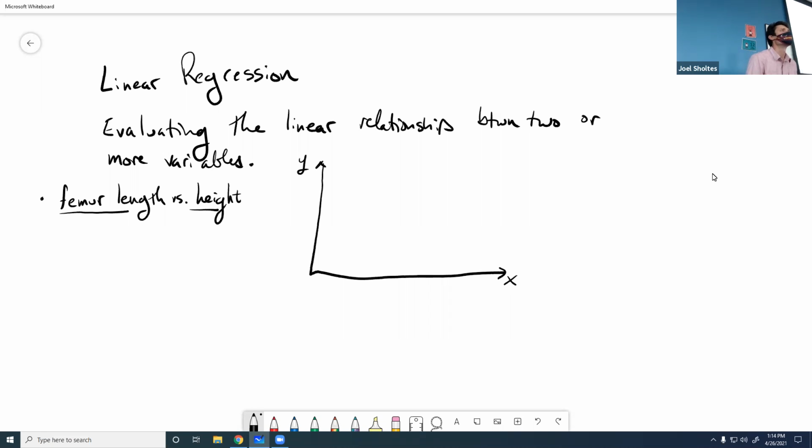So archaeology then. So we study people and cultures and people from different time periods, right? So you want to understand how tall they were. So femur length versus total height. And maybe you find a femur. You want to know what the person's height is.